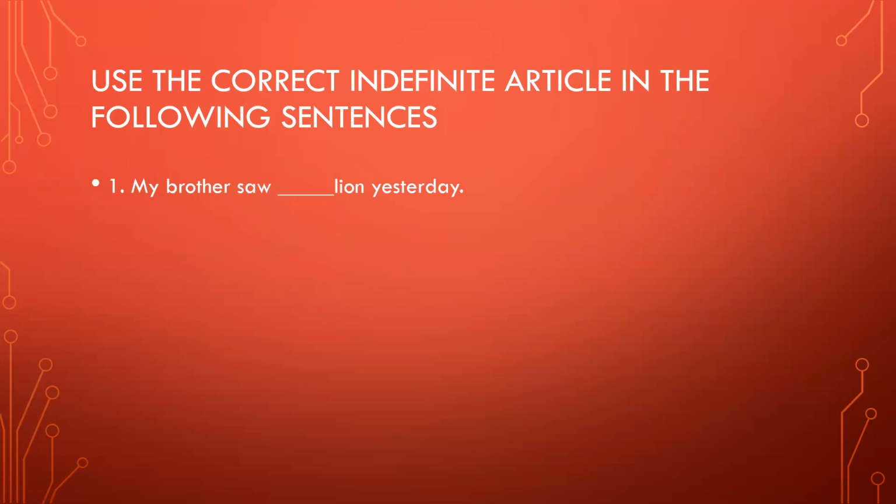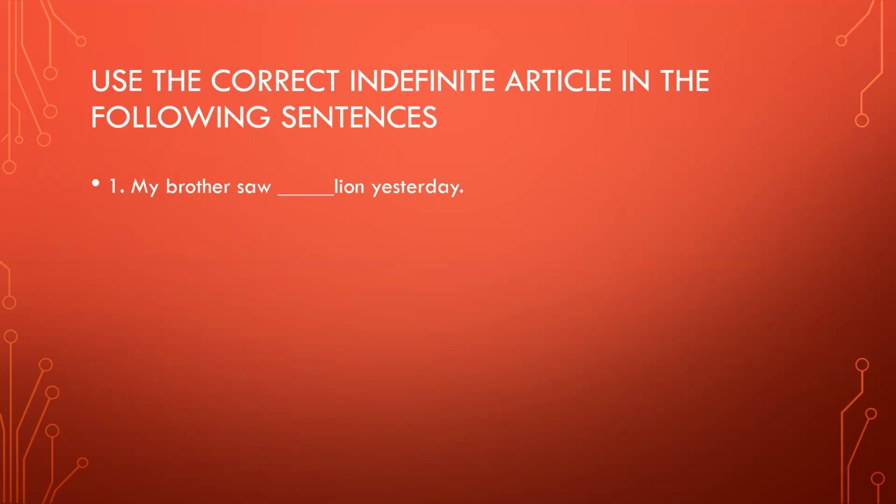Then you have to make up your mind whether you should use a or an by looking at the word after the blank. Look at the word after the blank very carefully. Look at the first letter of the word, say the word, lion, and then decide if it has a vowel sound or a consonant sound. That will help you to use the correct article.